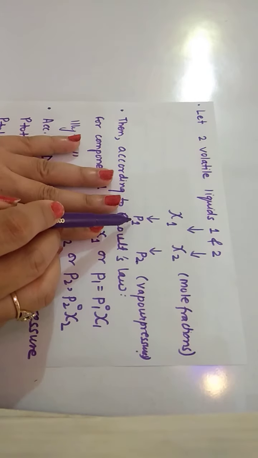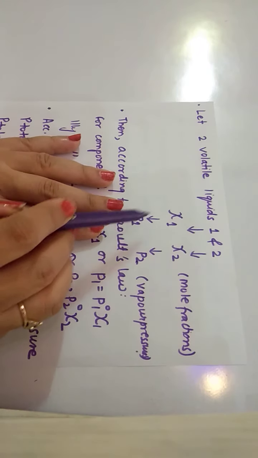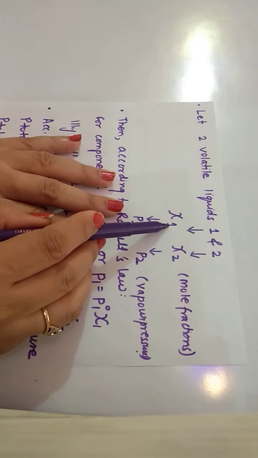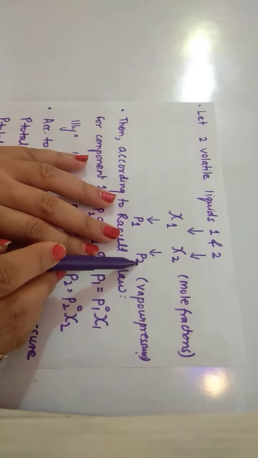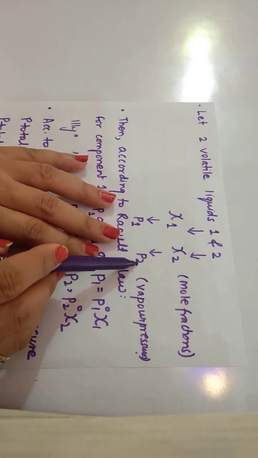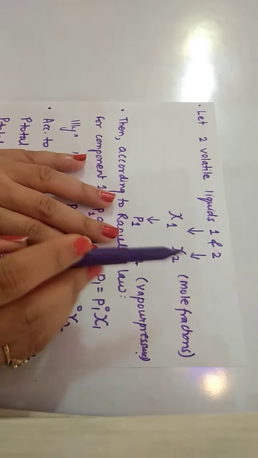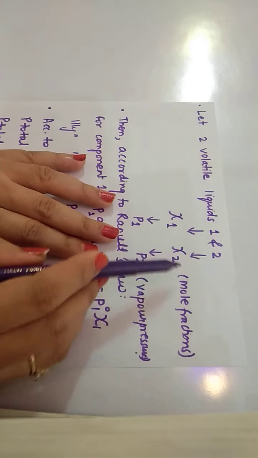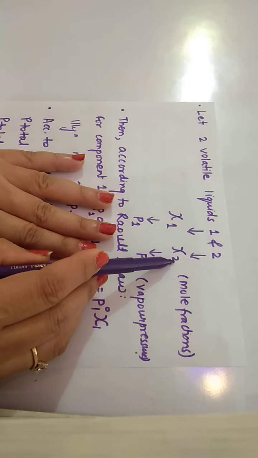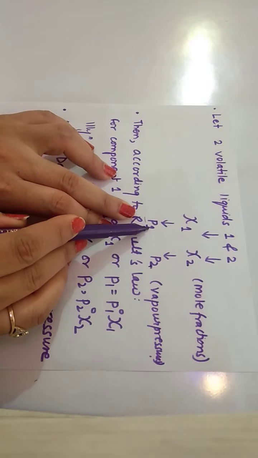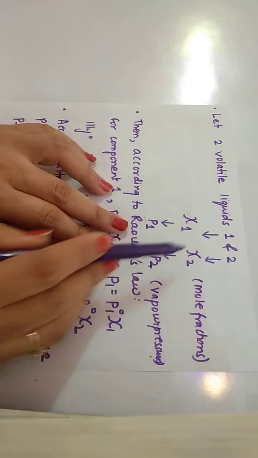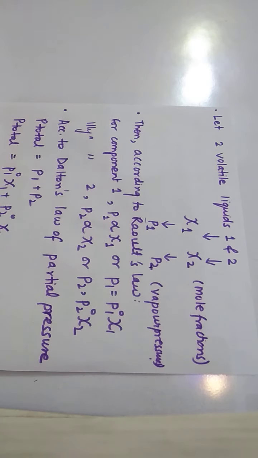The mole fraction of component 1 is x1, and the mole fraction of component 2 is x2. So the partial pressure of component 1 is P1 and its mole fraction is x1, and P2 and x2 for component 2.